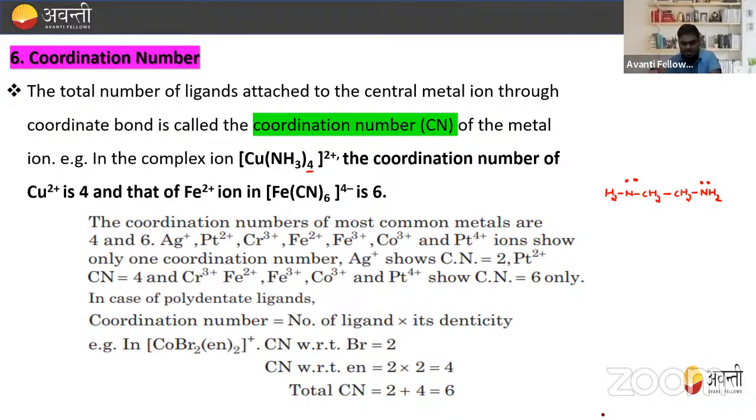H2N, CH2, CH2, and NH2, right? So they have two donor groups, one this and one this. So the coordination number with respect to en is equal to 2 into 2, which is equal to 4. So what is the total coordination number? The total coordination number here is 6. So this is how we can find the coordination number.